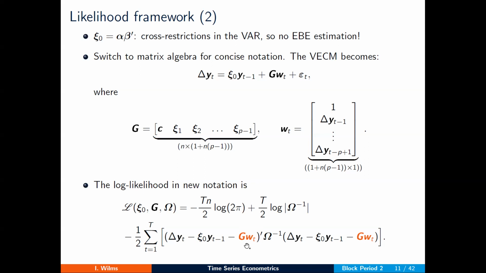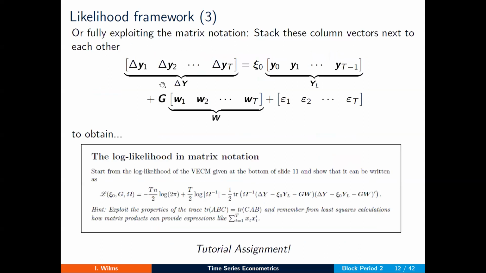Okay. Now I will take it even one step further to fully exploit matrix notation by stacking all of these column vectors for the different time points that are involved next to each other in new matrices. So then we have a large matrix delta Y that collects the lagged differences at all the time points in the columns.